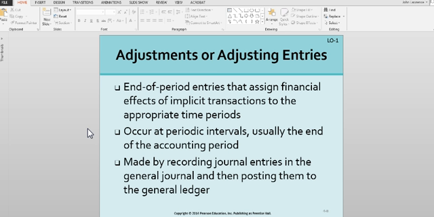So for prepaid rent, you're making a specific journal entry in your accounting system to debit rent expense, i.e. increase the rent expense for that period, and credit prepaid rent. So take the money out of, effectively take the balance out of prepaid rent. And that's an entry that's going to be made again on an annual, quarterly, most often a monthly period.